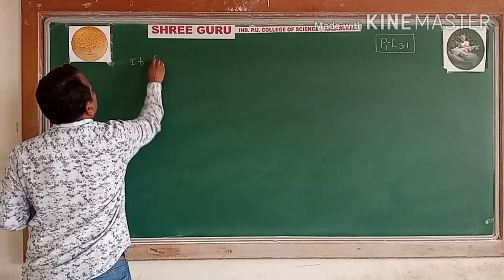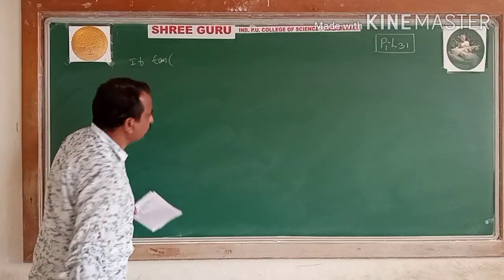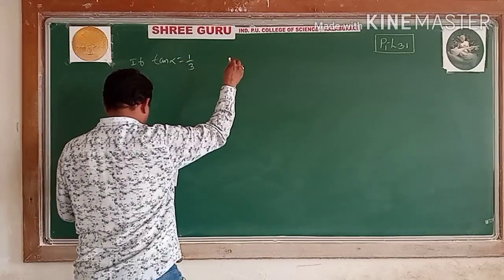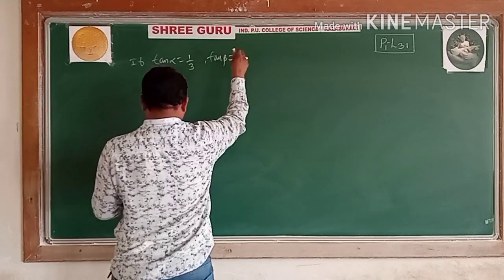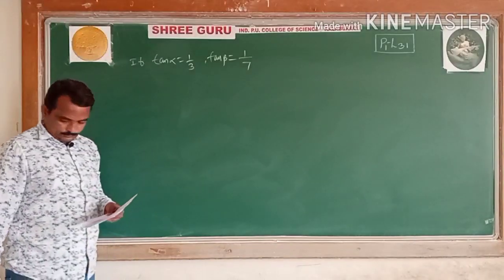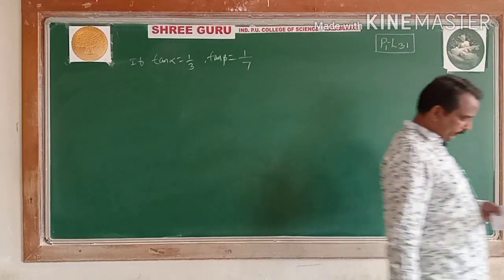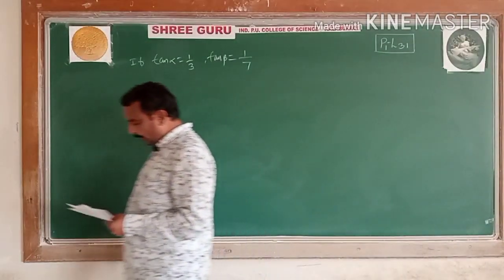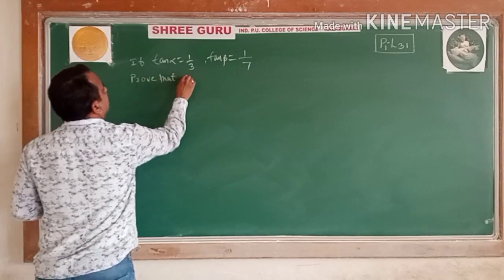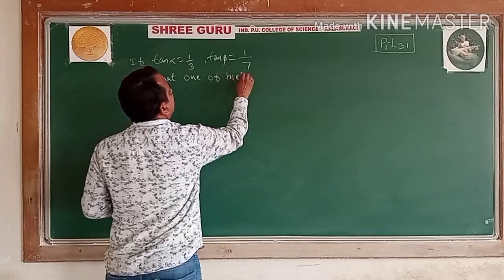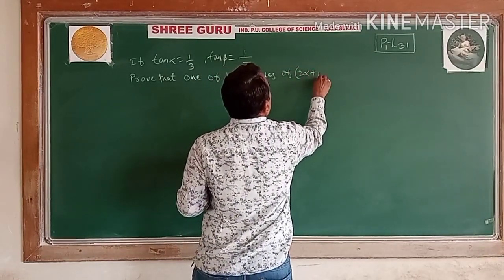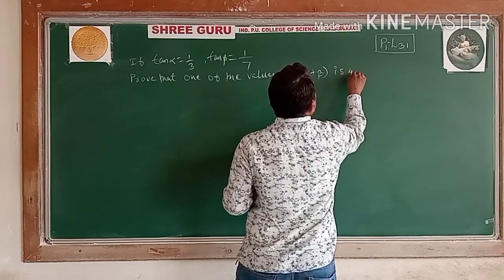If tan alpha is equal to 1 by 3, and tan beta is equal to 1 by 7, prove that one of the values of 2 alpha plus beta is 45 degree.